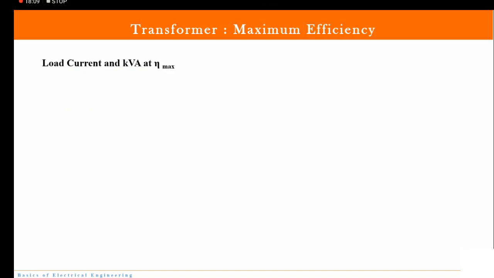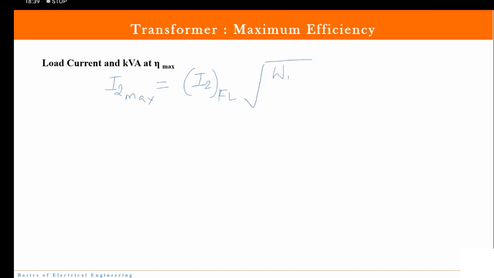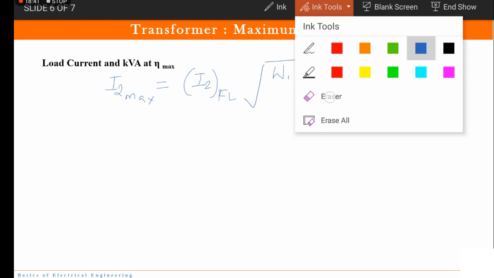So now let us see what happens to the load current. Now load current at eta max is given by I2 max, and it comes out to be the full load secondary current, multiplied by the same ratio, which is square root of, here we took Pi, right?